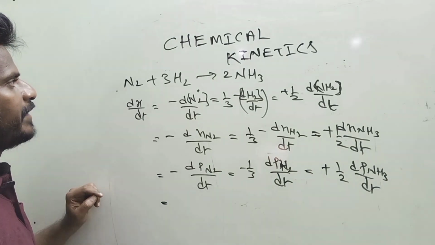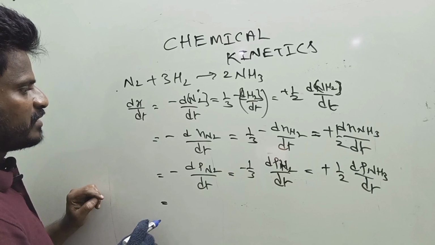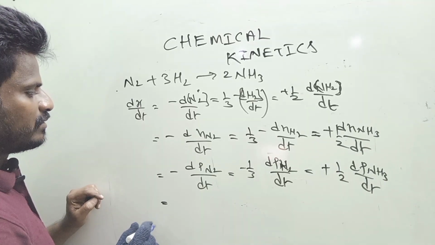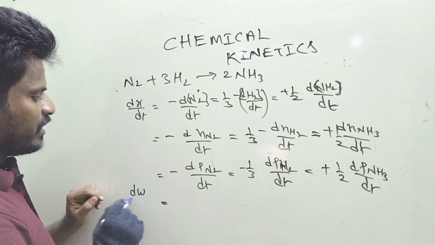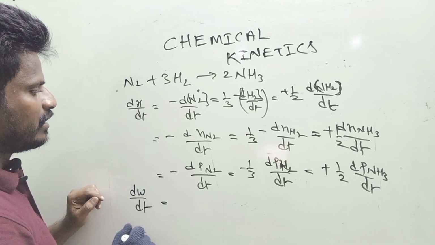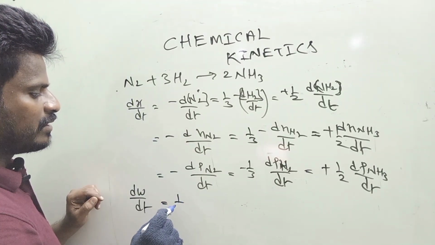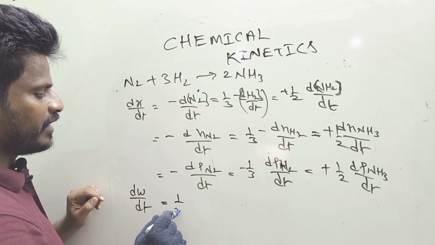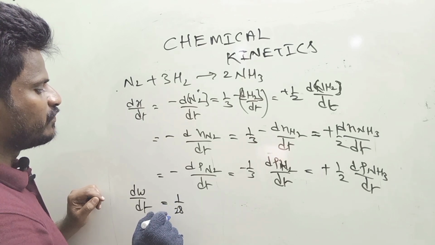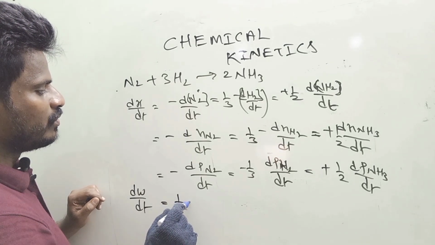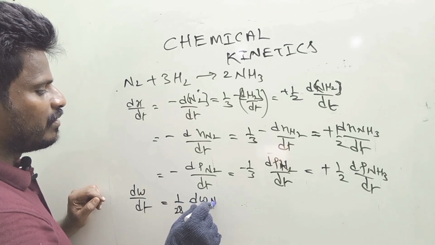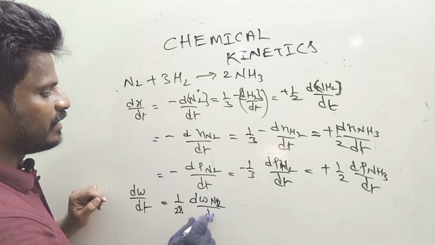And if you want to write the rate expression in terms of weight, that is dW by dt. Here the molecular weight of N2 is 28 grams, that is 1 by 28 into d weight of N2 by dt.